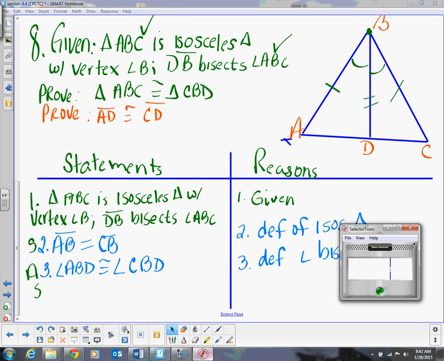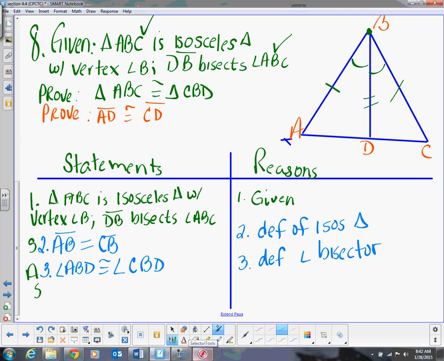So now we need our third side. Where is our third side? Bryce, where's our third side? We already did those two. We marked it. BD is congruent to BD for what reason?